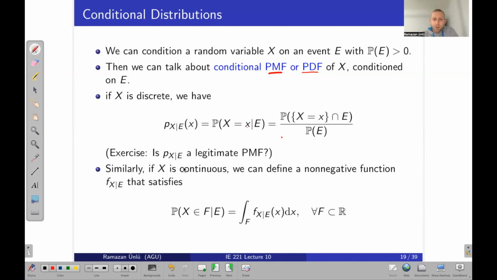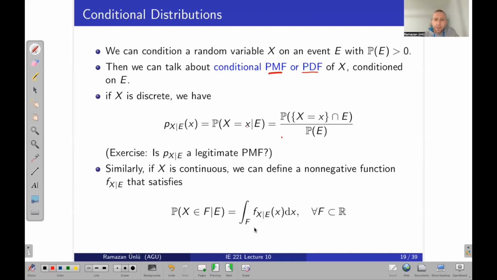In this case, we can define a non-negative function f of X given E, the modified PDF, that satisfies the probability of X in F given E. F is a set of numbers and X takes values from that set, and given E, the conditioning event, this will be equal to the integration of the modified PDF over the domain F, because X can take values from that set of numbers.